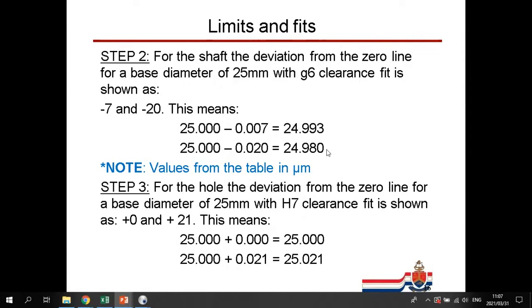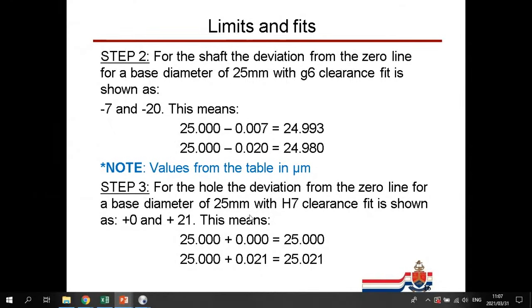So that means a fit with a G6 on a zero line dimension of 25, it means any shaft that comes from that production line must measure between 24.98 and 24.993. So it must be between those two values.